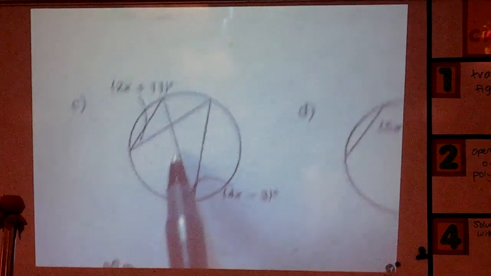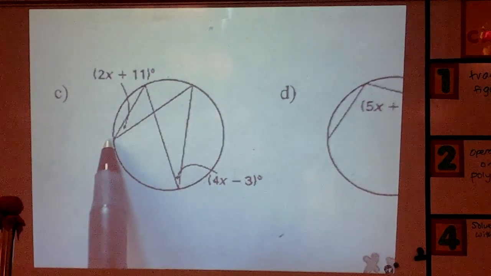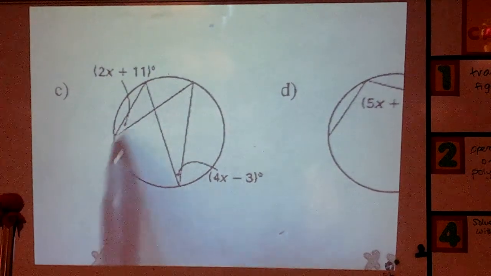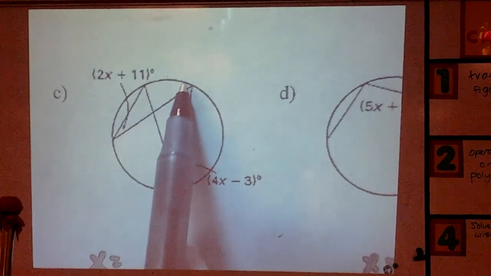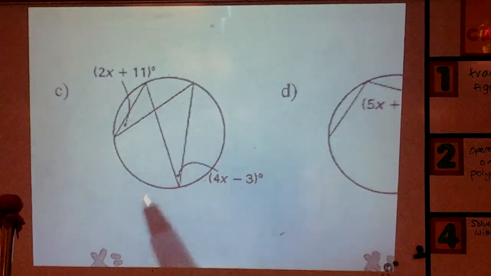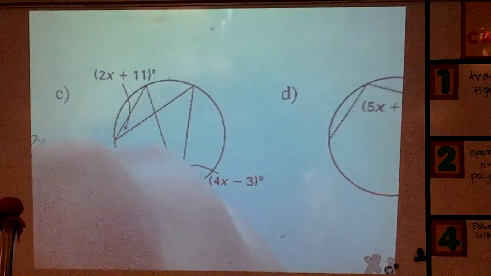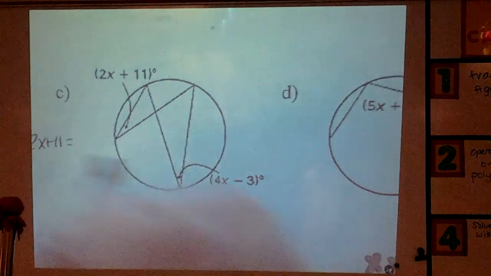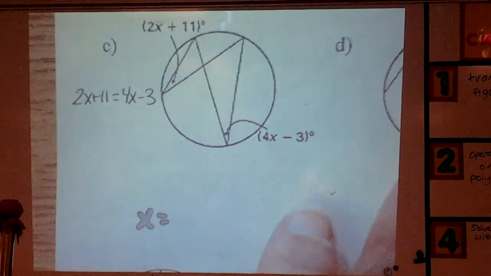The next question asks us to know that if I have two angles that are intercepting the same arc, they are congruent. What does congruent mean? Set them equal to each other. So 2x plus 11 equals 4x minus 3.